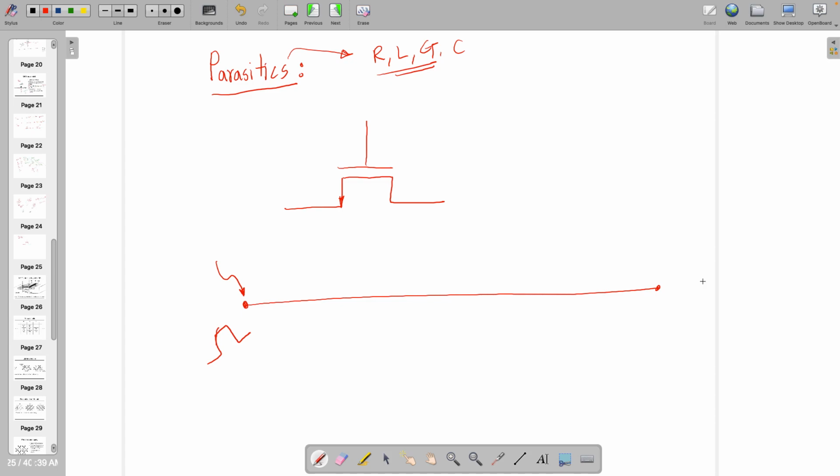Water going from here to that side will take some time, maybe 1 minute, 2 minutes, whatever. It is happening because of the resistance in between the path, and because of capacity. It's dynamics, fluid dynamics is also there.